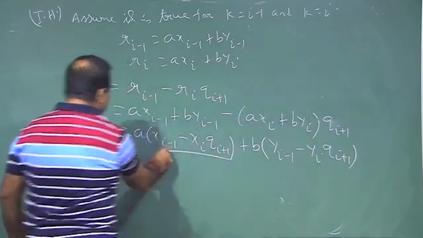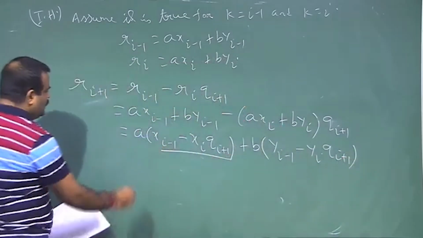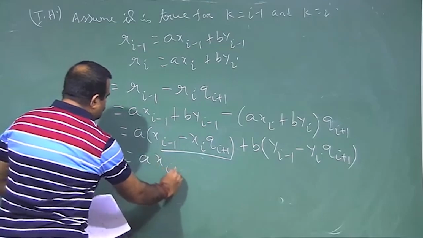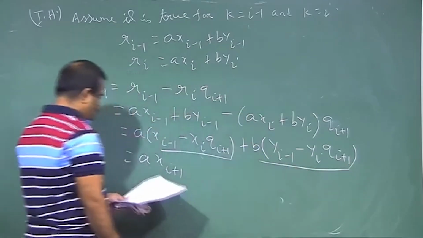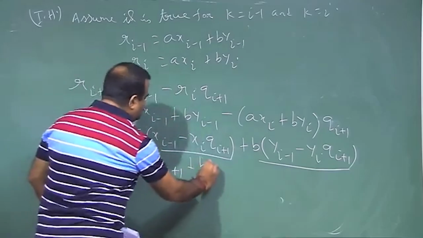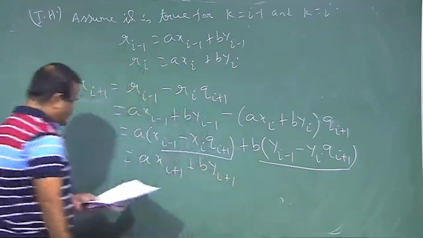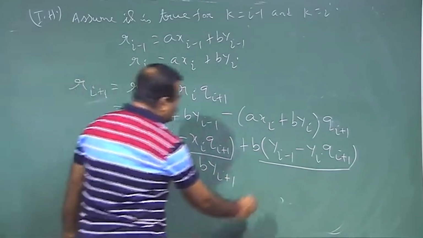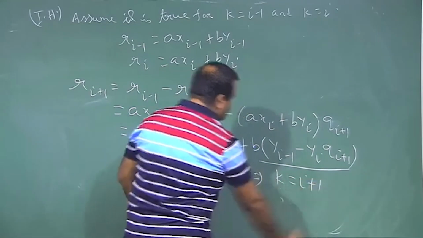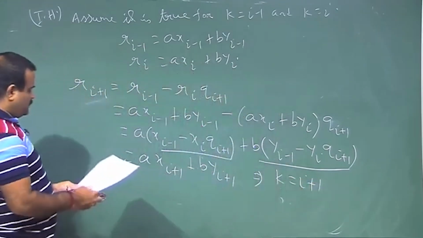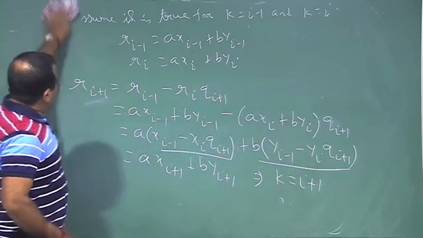Now, we know this is x i plus 1 and this is y i plus 1. So, this implies the statement is true for k equal to i plus 1. Hence this statement is true for all k.